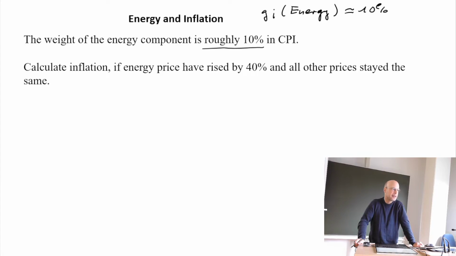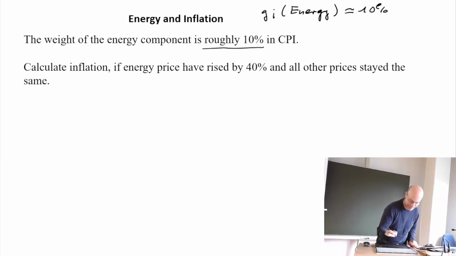What would then be inflation of next year? Question? 4% higher. So, and how do you calculate this? If the energy prices have risen by 40% and it comes from only 10%, which is 10% of 40%, which would be 4%. This is a very fast calculation, I would say.